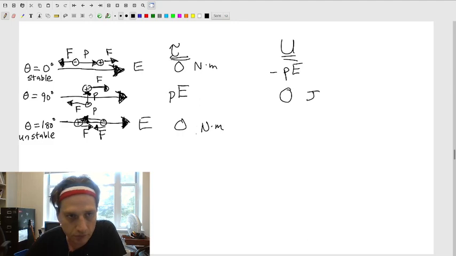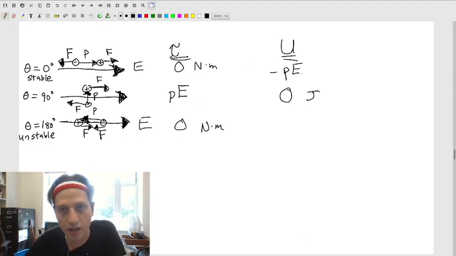Remember, the magnitude of P is going to be the magnitude of the charge times the distance. So this is going to have units of charge times distance times newtons over charge, which gives you units of energy.